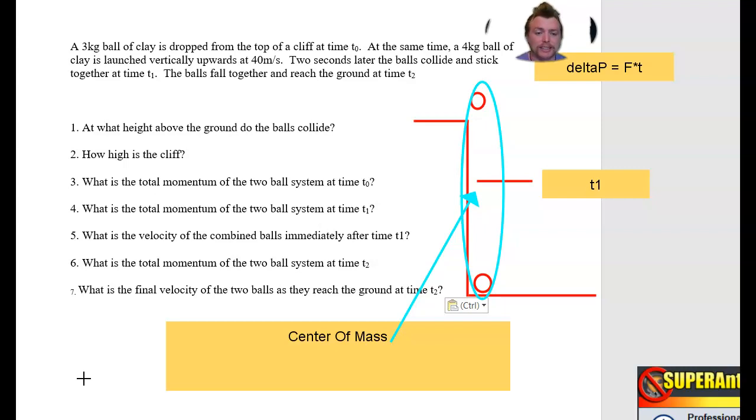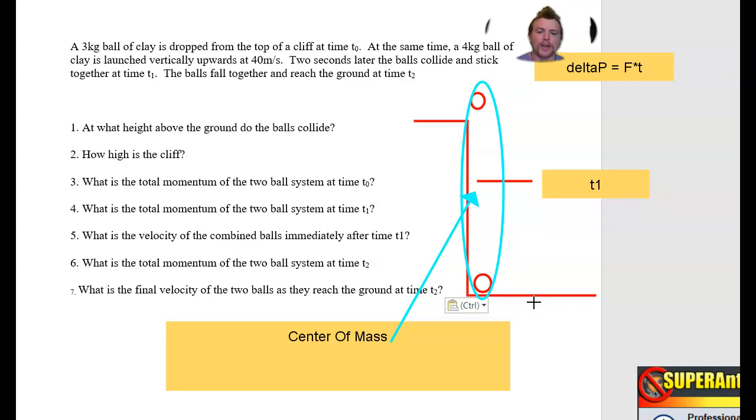Because for this system, that system is falling down at a rate of 9.8 meters per second squared. The center of mass starts, if you can imagine, with an initial upward trajectory, but it's going to follow a normal parabolic path to the ground, because now I'm looking at it as an entire system.